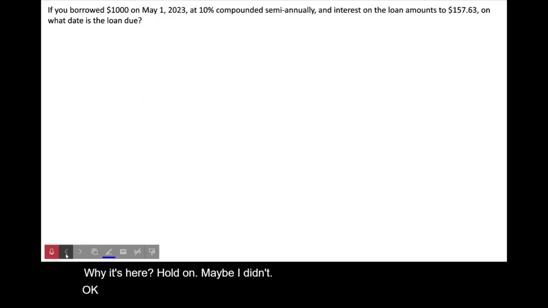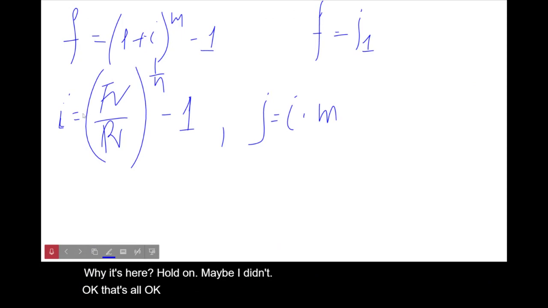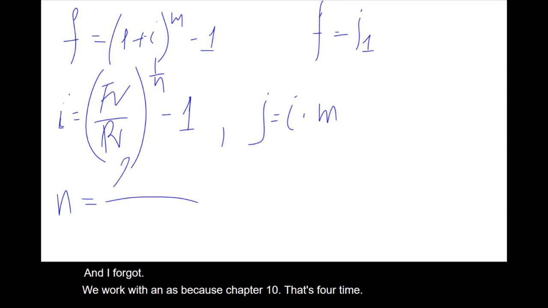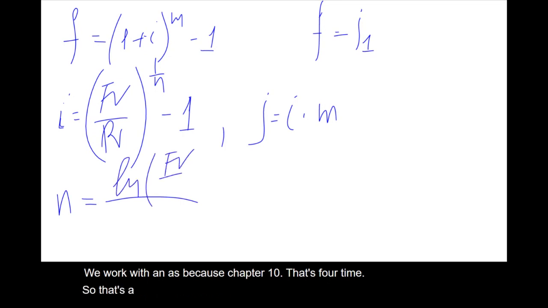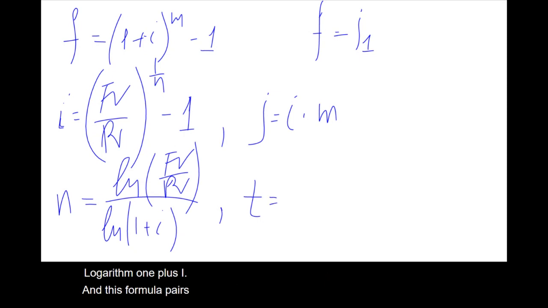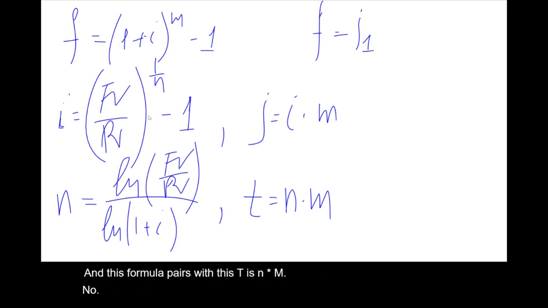I forgot, we'll work with n as well, because chapter 10 is about time. So n is logarithm of future value over present value, divided by logarithm of 1 plus I, and this formula pairs with this: t is n over m.